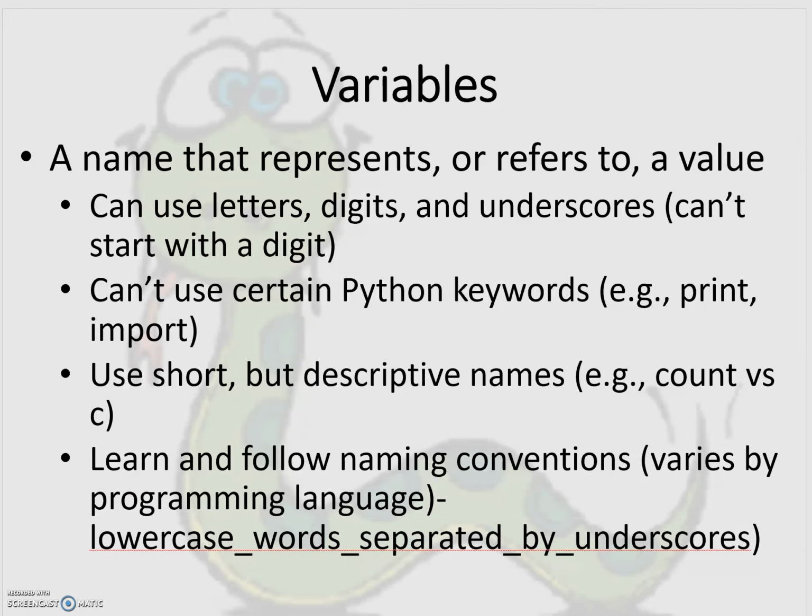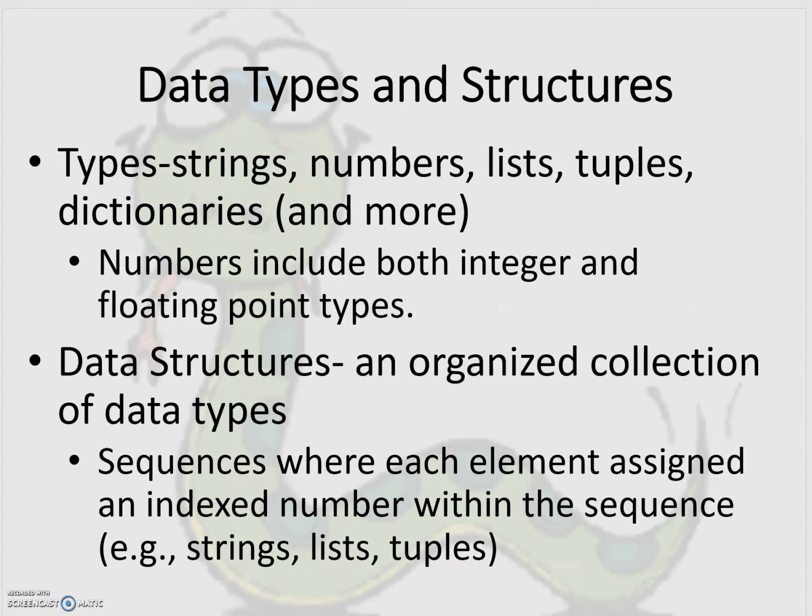Alright, and then data types and structures. Types include strings, numbers, lists, tuples, dictionaries, and more. Numbers include both integer and floating point types. Data structures are an organized collection of data types and sequences where each element is assigned an index number within the sequence. For example, we have strings, lists, and tuples.